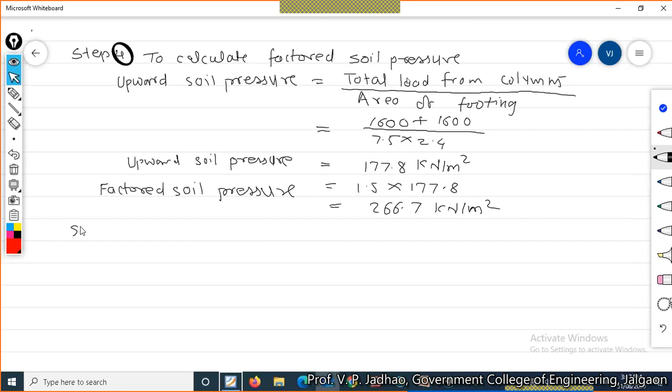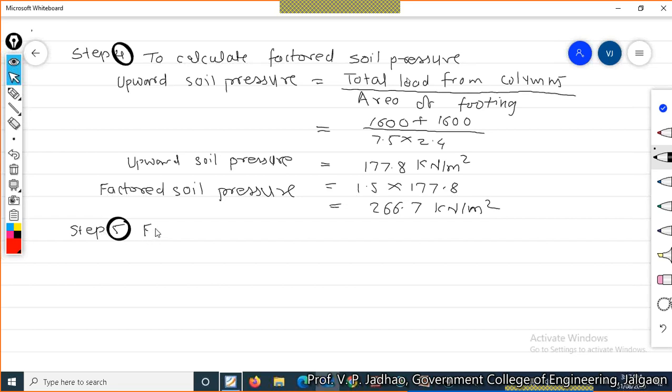Now next, step number 5. Step number 5 is now we have to design in longitudinal direction. Therefore, upward soil pressure we have to calculate per unit length. We have to calculate the upward soil pressure per unit length.